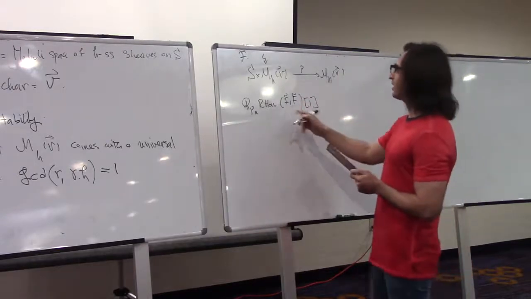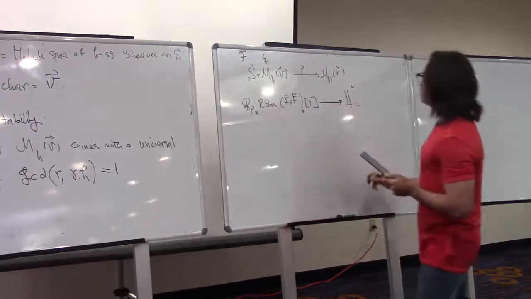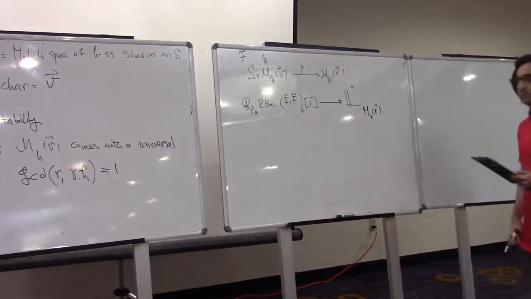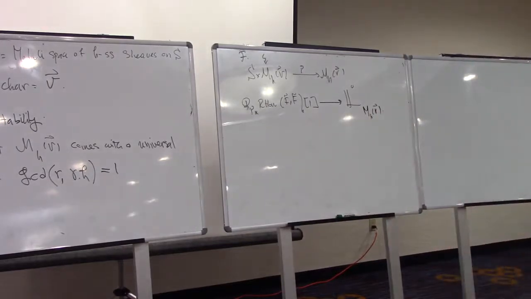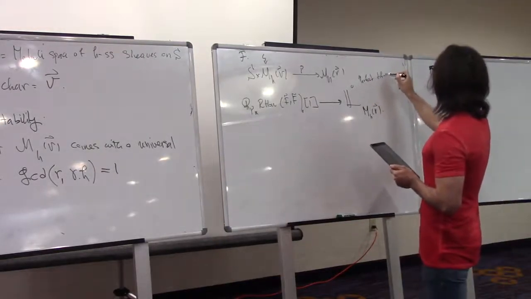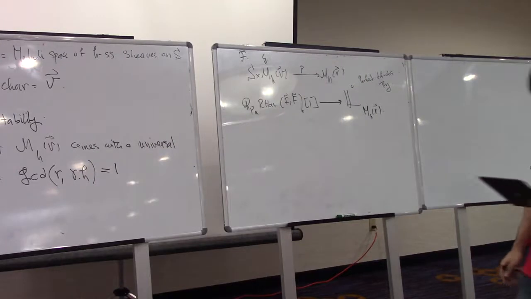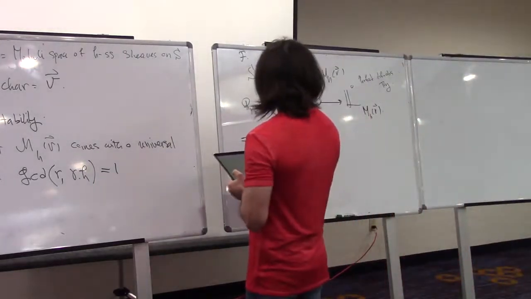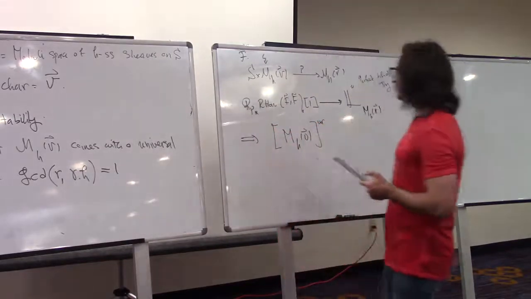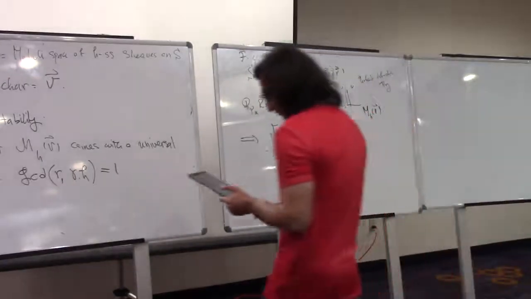This is an object in the derived category of the moduli space after pushing forward, and it naturally gives us a map to the truncated cotangent complex of our moduli space. This satisfies the conditions of being a perfect deformation-obstruction theory. I'm not going into the detail, it's kind of like a review. And then this induces a virtual fundamental class over this moduli space, which is the class we will use to integrate against to define the invariants.